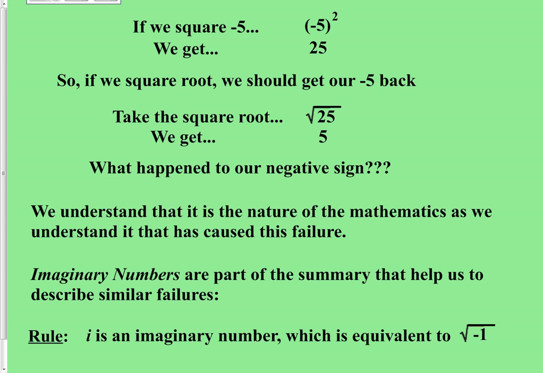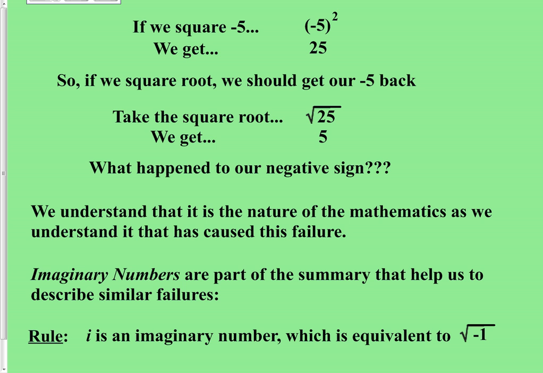But with squares, with radicals, something starts to happen. Anytime you take a value and square it, we're going to end up with a positive number. A positive times a positive is positive, but a negative times a negative is also positive.